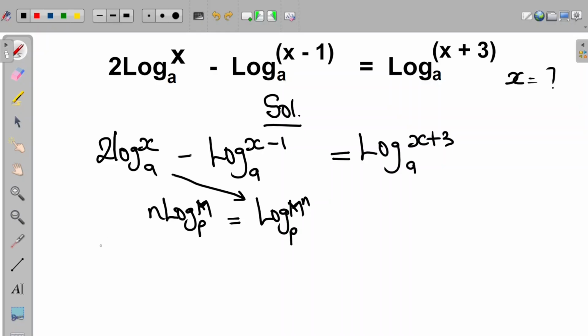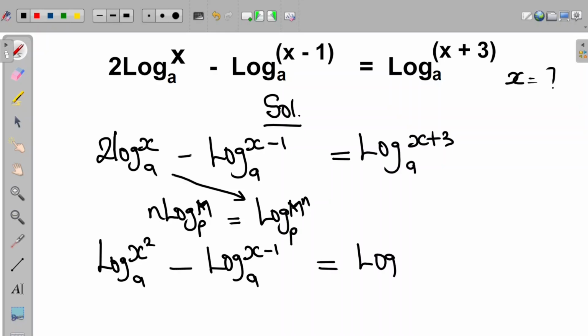So the equation becomes log of x squared to base a minus log x minus 1 to base a, everything equated to log x plus 3 to base a.